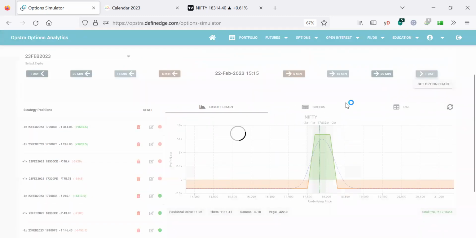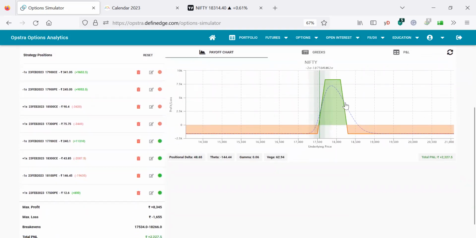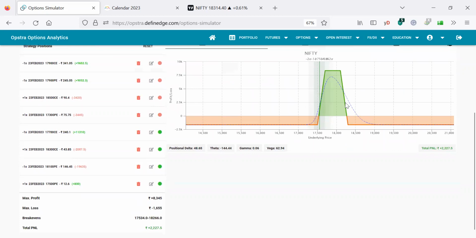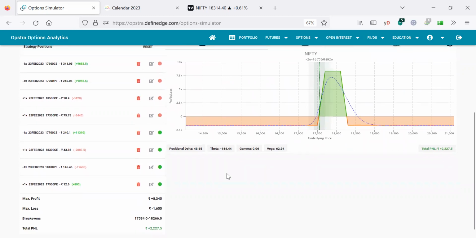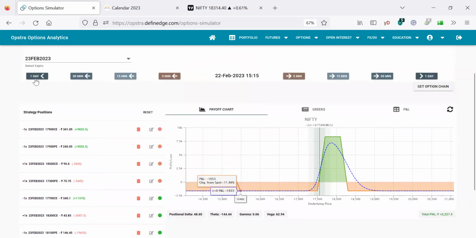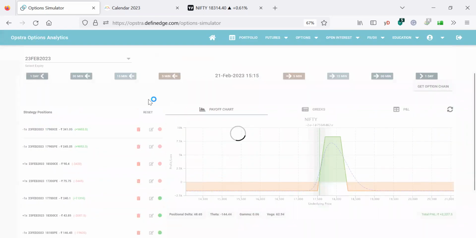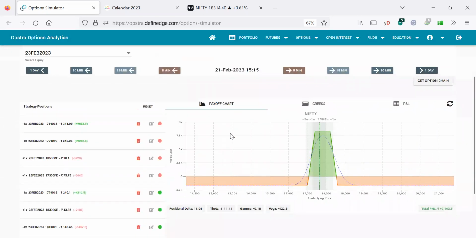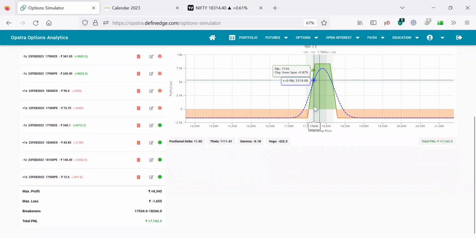Now one more day ahead we'll go. Now we can check, something bad happened. It is directly from 7,000 we are at 2,200 rupees. So whenever we are standing with good profits, I'll tell you one more adjustment we can do over here. Whenever this situation is there and we are with good profit, we can give the market some of the amount.